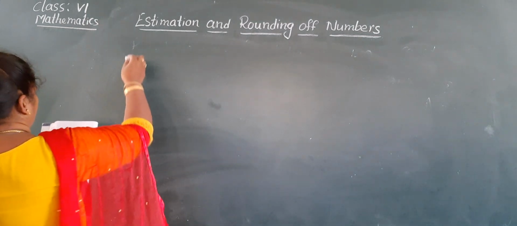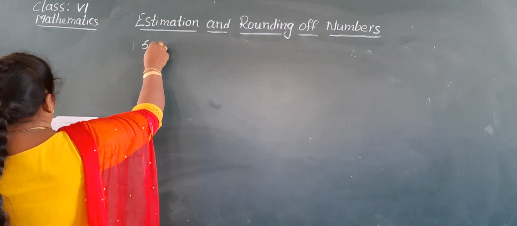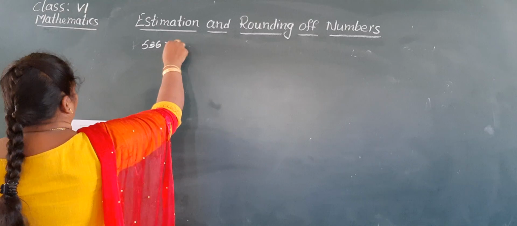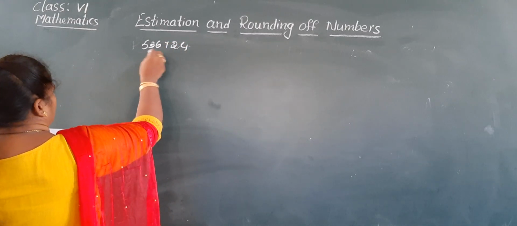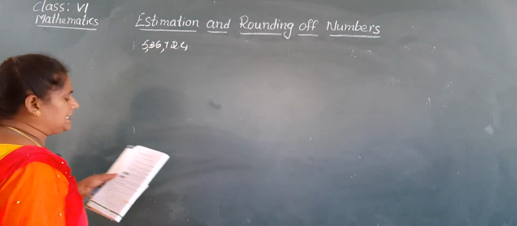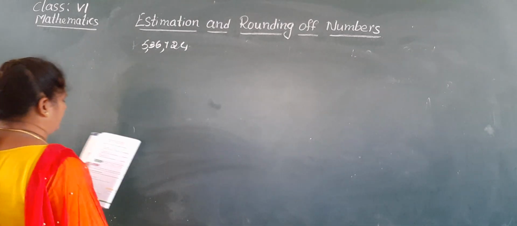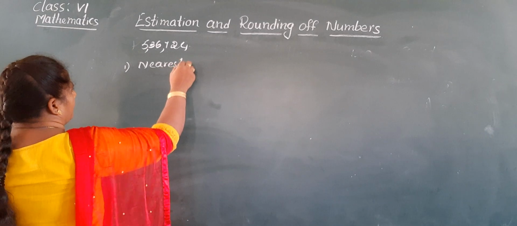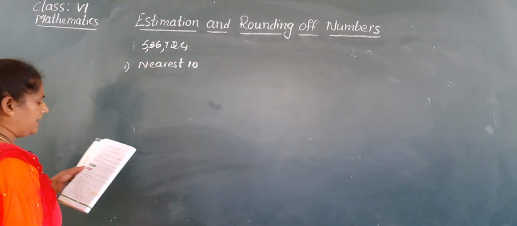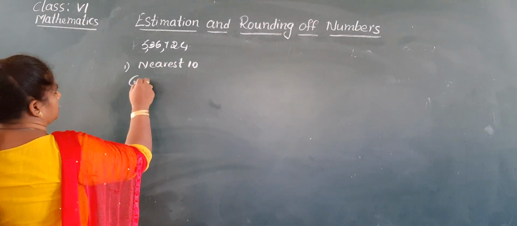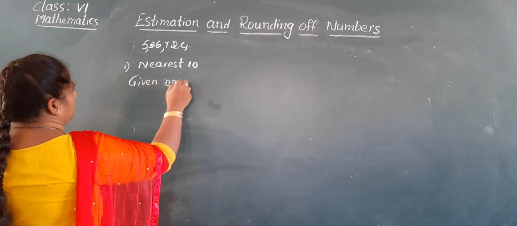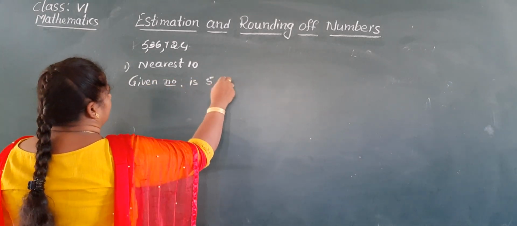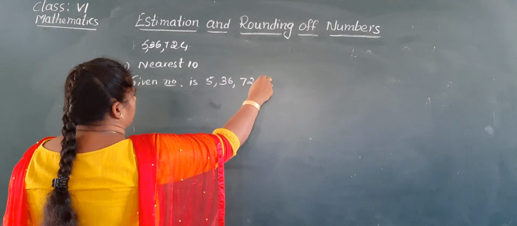See ma, round off this number to the nearest 10, 100 and 1000. So first nearest 10. The given number is 5,36,724.